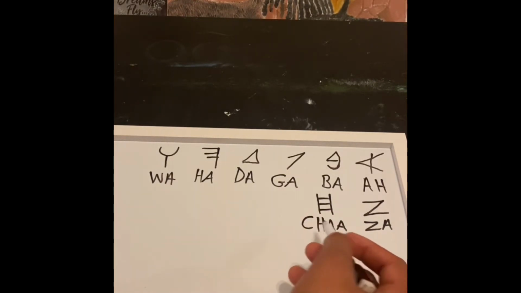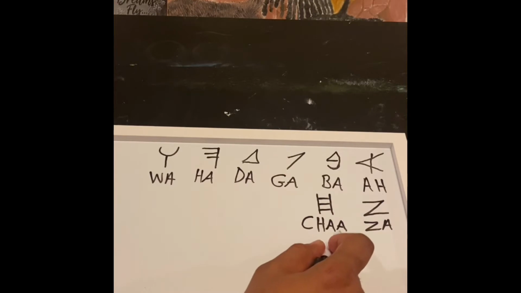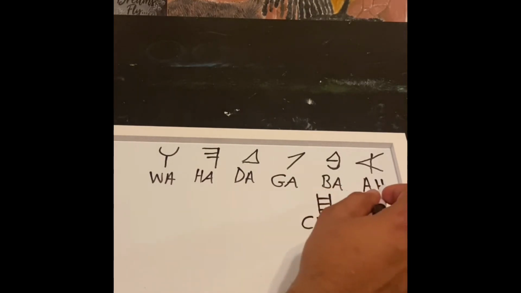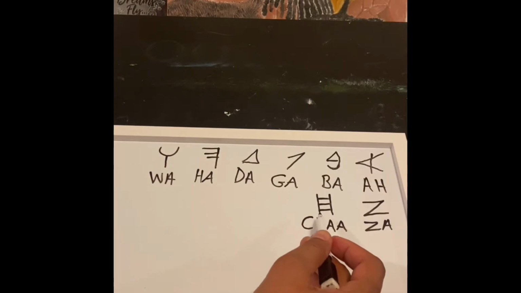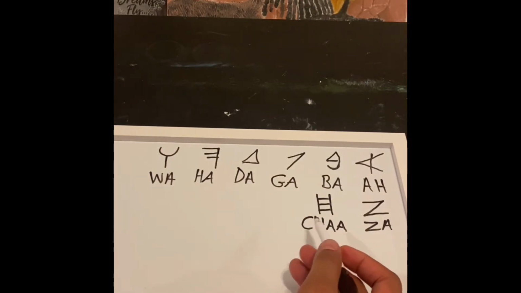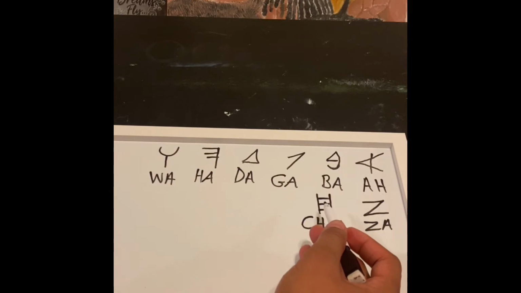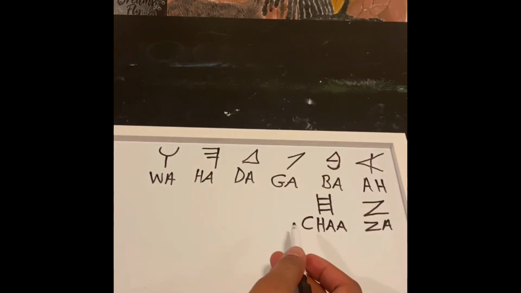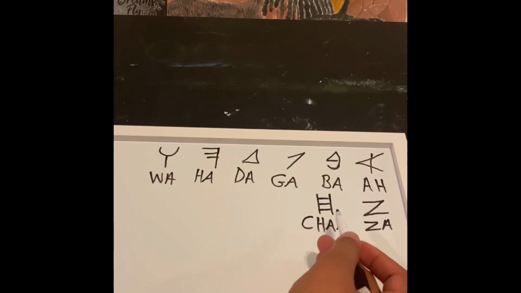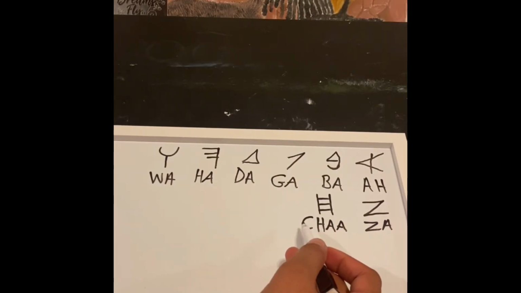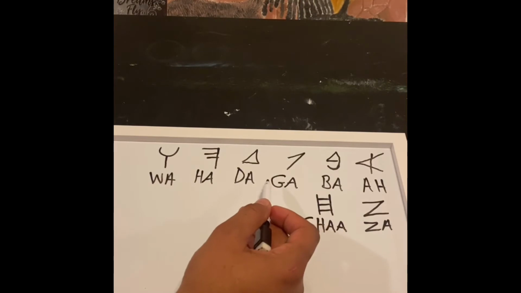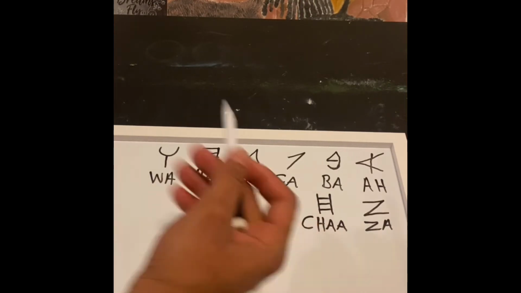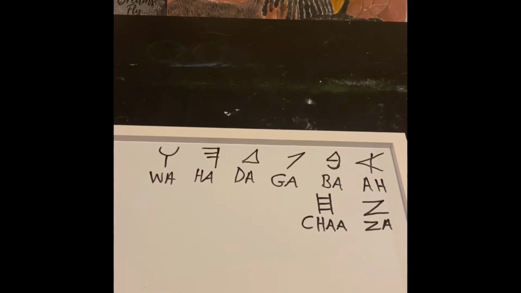Sometimes you don't really pronounce the entire character. When you have a letter at the end of something, you generally don't add the A. For instance, Oth, which means with.